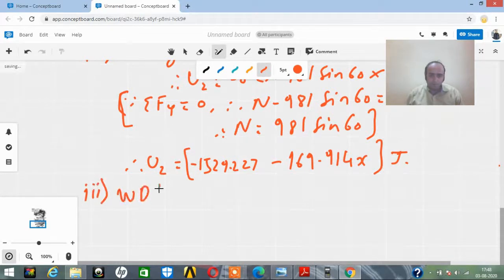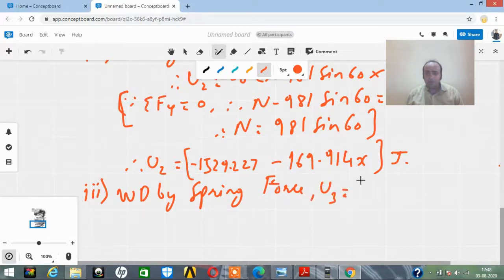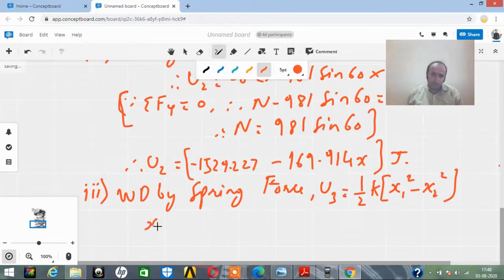Work done by spring force. It will be U3 is equal to half K (x1 square minus x2 square). Friends, x1 is already with us, that is 0.09 meters. What about x2?